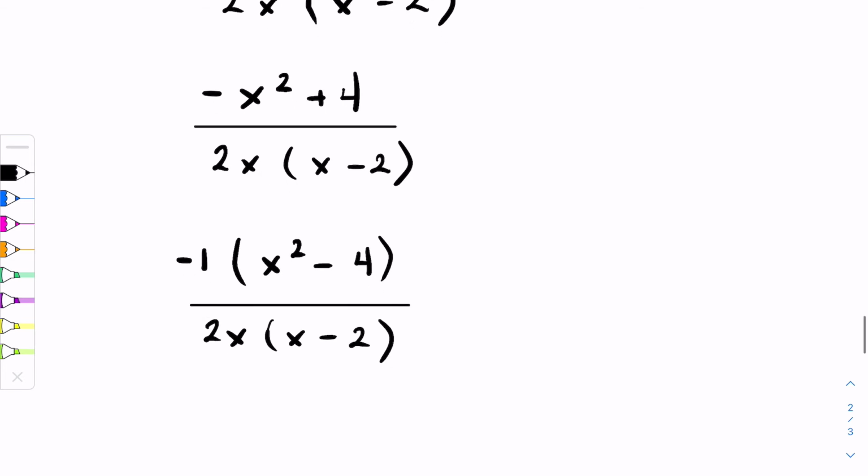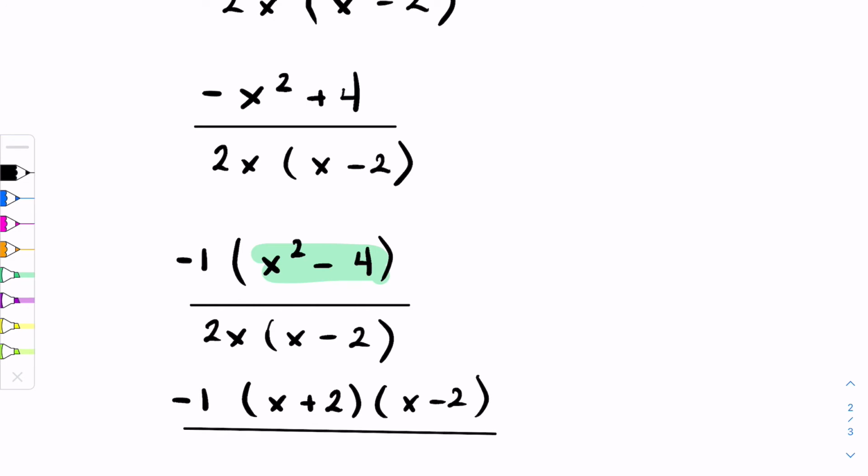And now at this point, you can factor x squared minus 4. The two factors that multiply to negative 4 and add to 0 are positive 2 and negative 2. So our numerator becomes negative 1 times x plus 2 times x minus 2, divided by the common denominator of 2x times x minus 2.